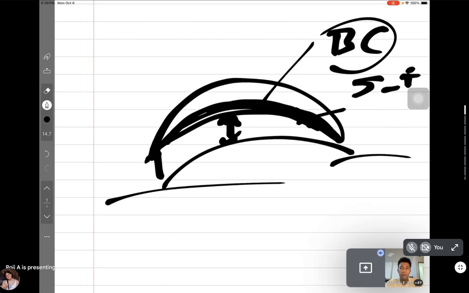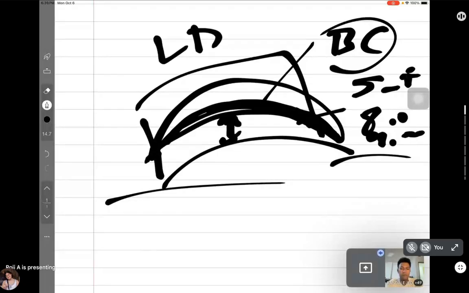Correct? Example, I have 8.0. If 8.0 is steep, I'll just make it flatter. How do I make it flatter? Make it 9. There you go. Now it's flatter. Or you want to change the LD, that's your lens diameter.